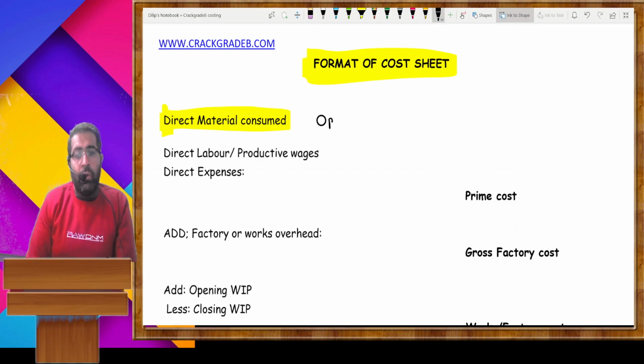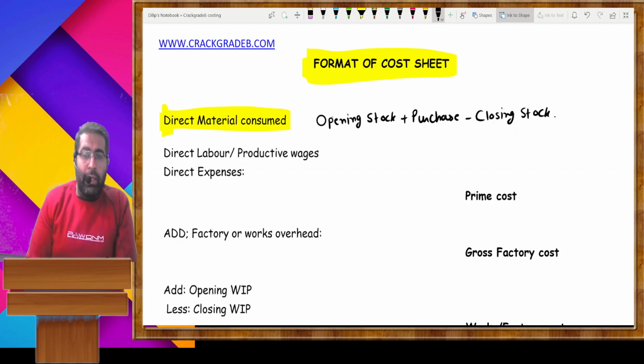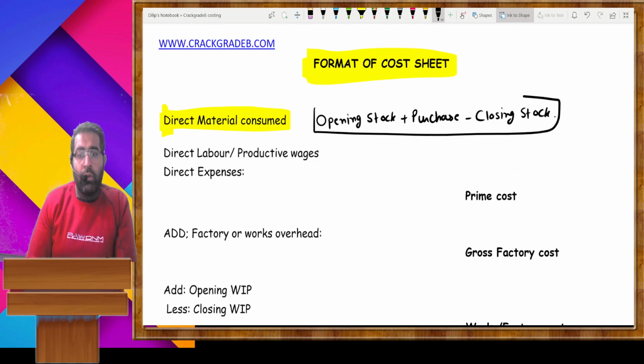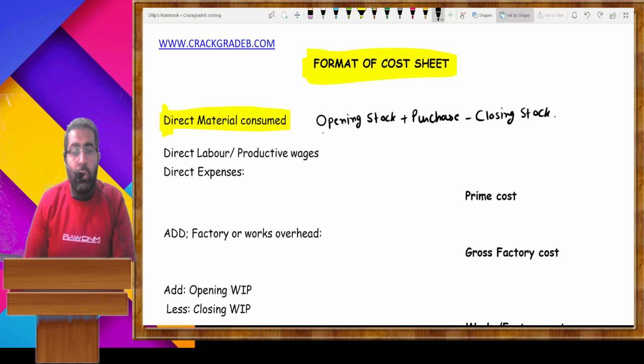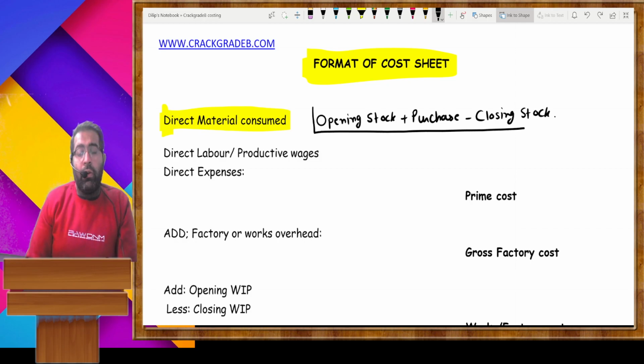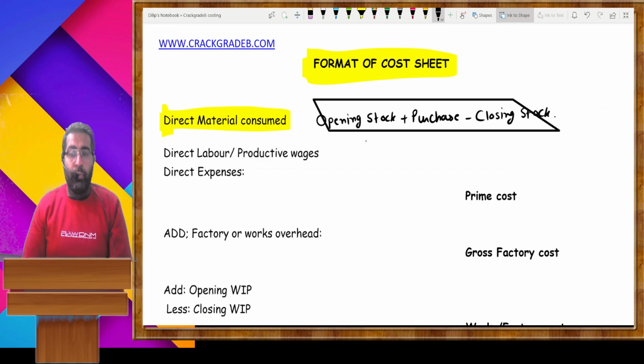First, opening stock plus purchase during the year minus closing stock. By this we calculate the material consumed during the year.